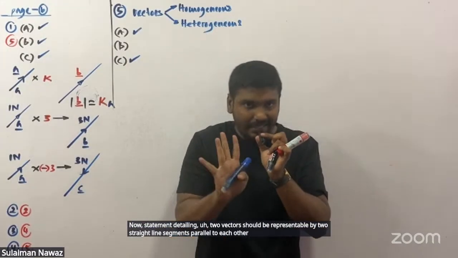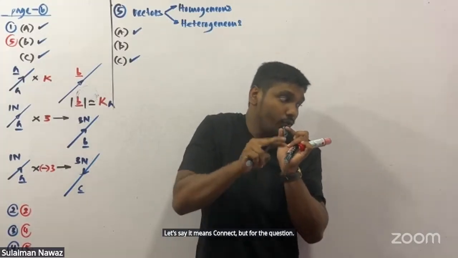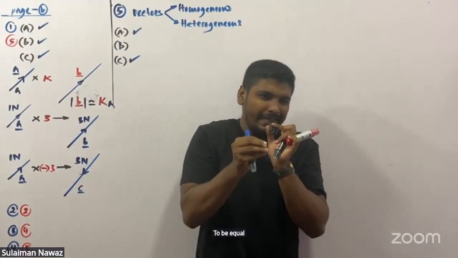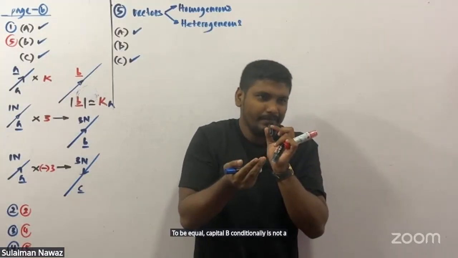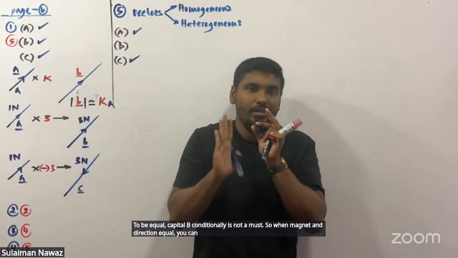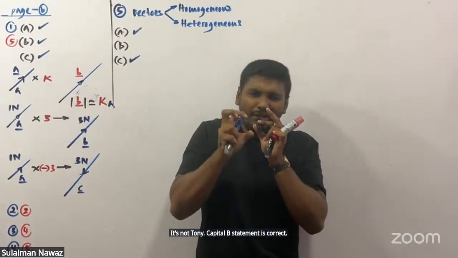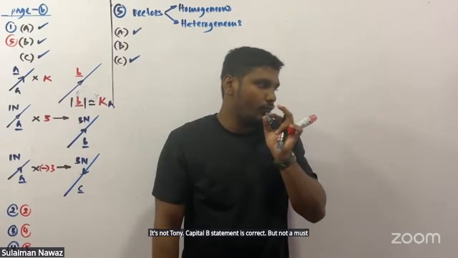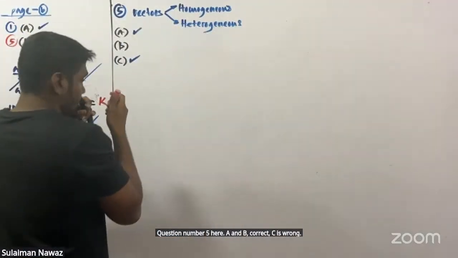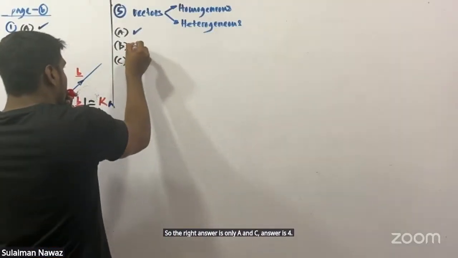That statement is correct, but for the question, two homogeneous vectors to be equal, capital B condition is not a must. When magnitude and direction are equal, you can say that they are equal. Statement B is correct, but not a must. So therefore, in question number 5, A and C are correct, B is not required. The right answer is only A and C. Answer is 4.